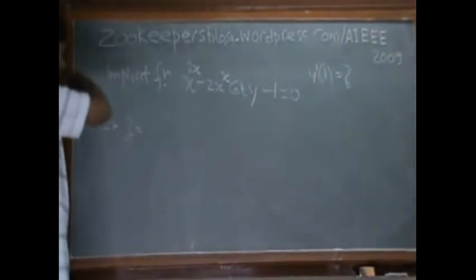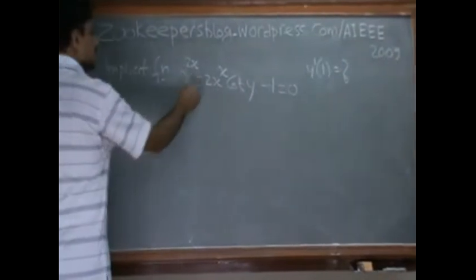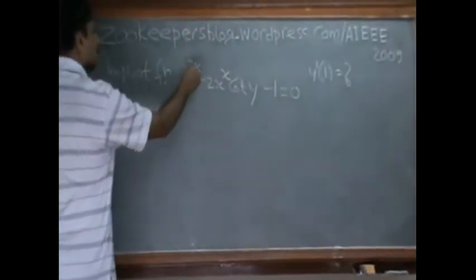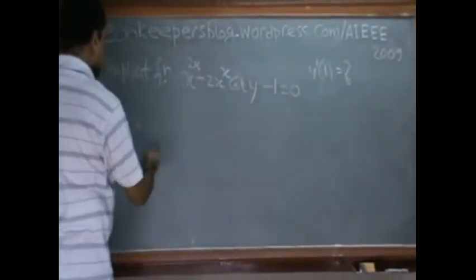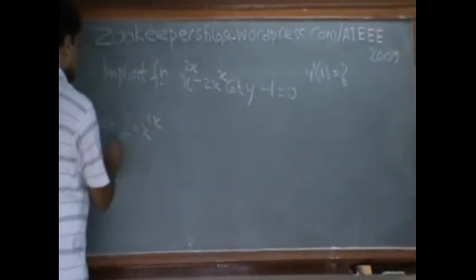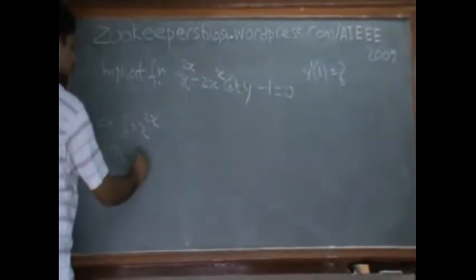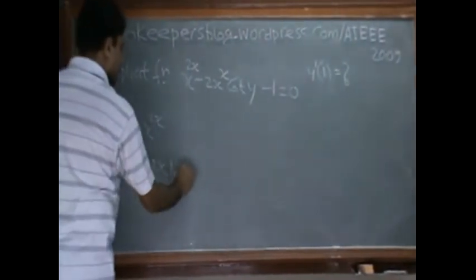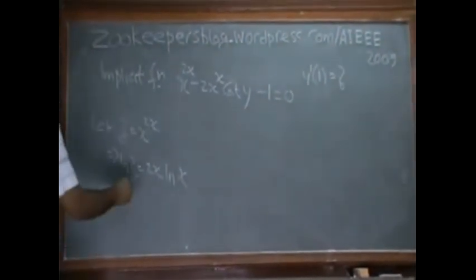There are two parts here, and we differentiate them individually. So x to the power 2x is more complicated than x to the power x adjacent to that. So let z equal x to the power 2x. The standard process is that log z will be 2x ln x.